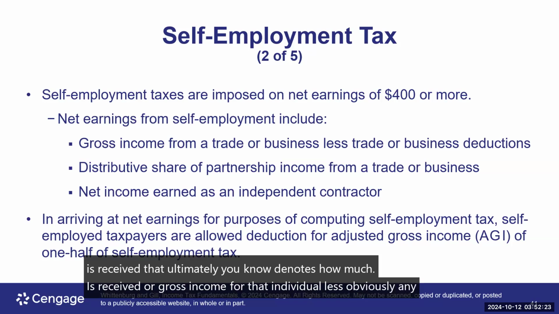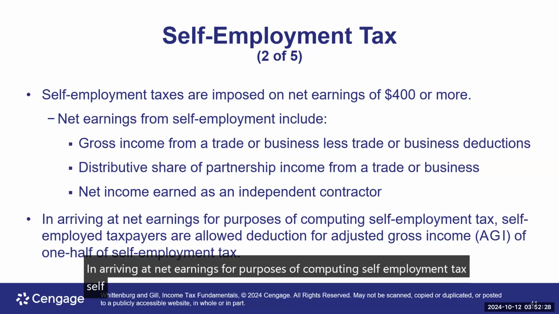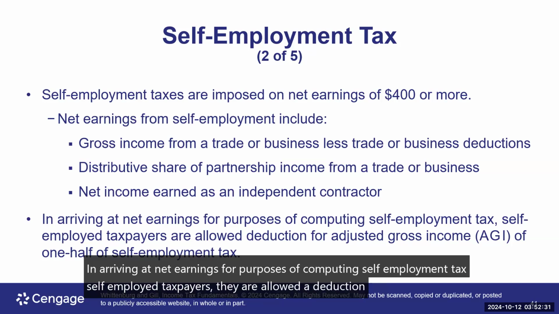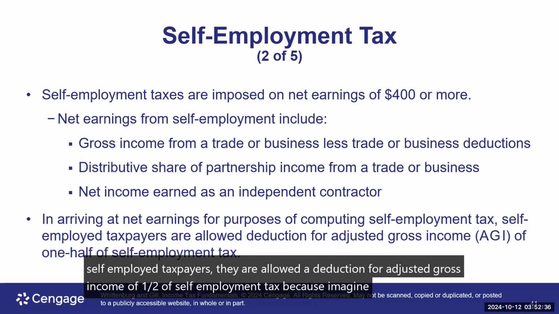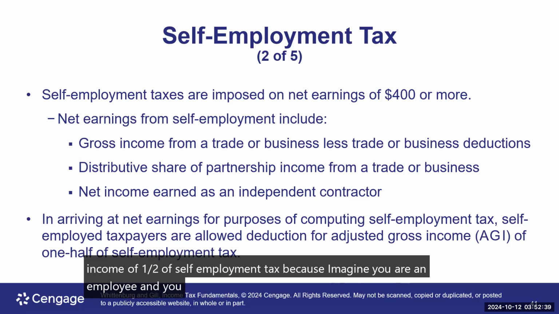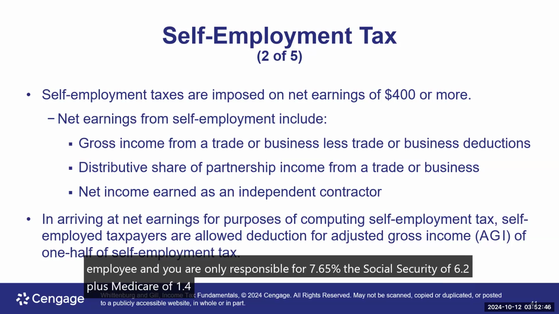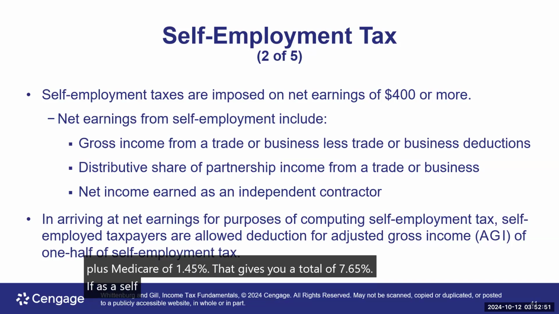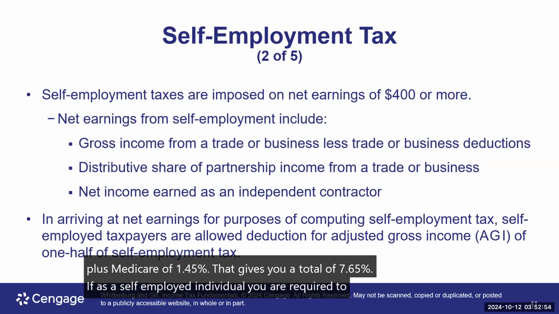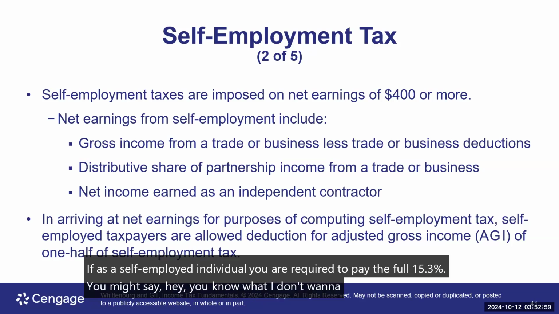In arriving at net earnings for purposes of computing self-employment tax, self-employed taxpayers are allowed a deduction for adjusted gross income of 1/2 of self-employment tax. Because imagine, as an employee you are only responsible for 7.65%: the Social Security of 6.2% plus Medicare of 1.45%. If, as a self-employed individual, you're required to pay the full 15.3%, you might say, hey, I don't want to be self-employed if it's going to cost me more in taxes.